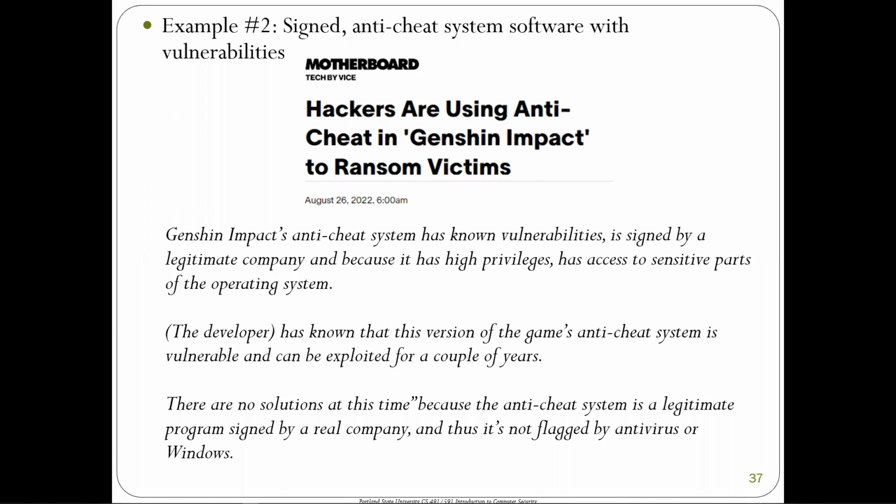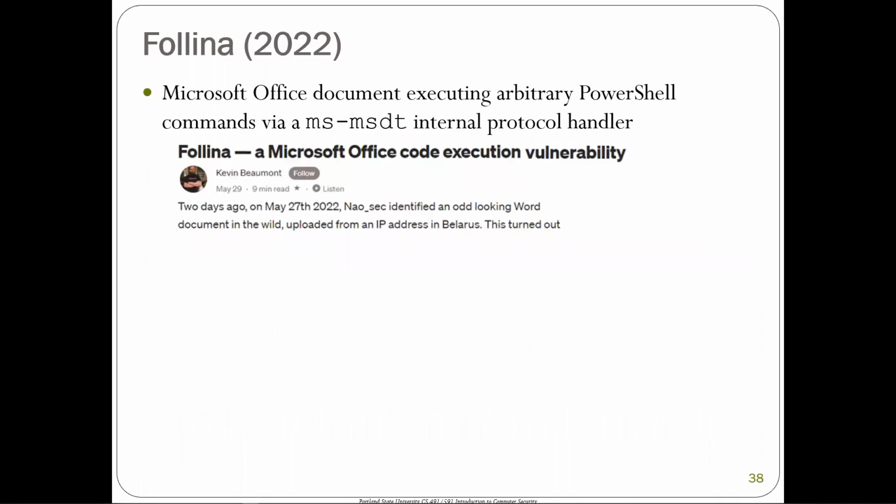And then this one has been in the news. This is basically a bug in the signing verification. It's something called Follina, where you can send a Microsoft Office document, and the bug in the document allows you to execute arbitrary PowerShell commands. So it's basically hijacking a legitimate binary to do the malicious thing because of errors in this internal protocol handler.